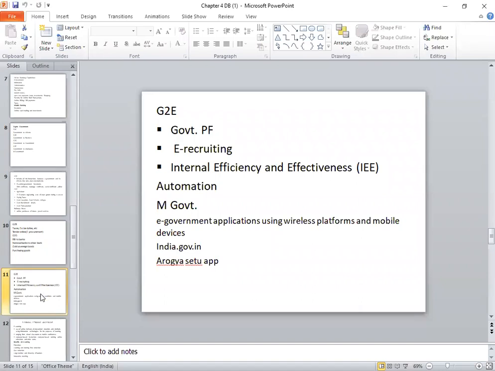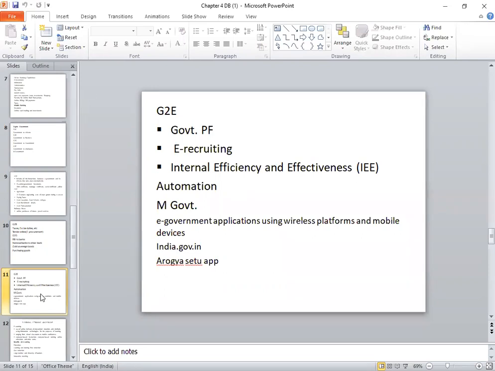there are internal recruitments. In the government sector itself, for the upgradation, for the promotions, there are exams. So here the government communicates with the employees. There are many entrance exams. There are many labs as far as the promotions are considered.